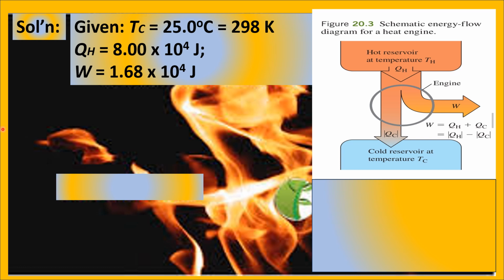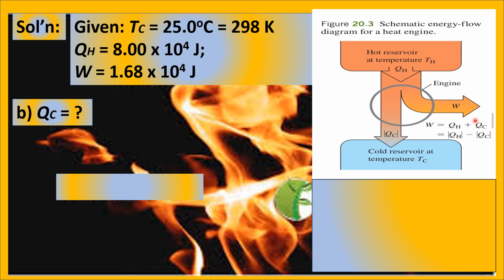Moving on now to question letter B. Question letter B is asking for the amount of energy that is wasted or expelled into the cold reservoir. So that's our target variable, denoted here by capital Q sub C. This is computed simply by subtracting the useful work done from the heat input. In the diagram, we have that equation.